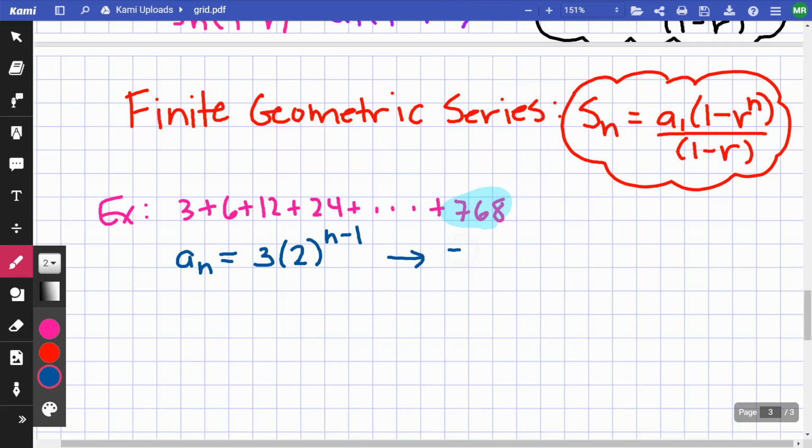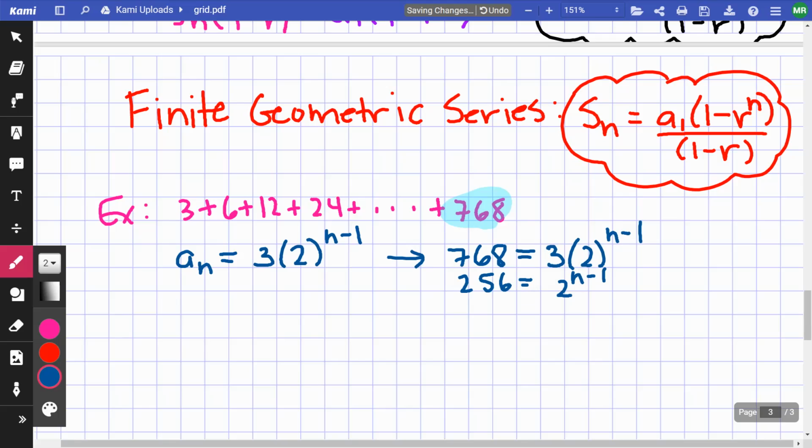So if I want to figure out what term 768 is, that's going to go in for my a sub n, is equal to 3 times 2 to the n minus 1. I need to solve this. I'm going to divide both sides by 3. And when I do, I get 256 is equal to 2 raised to the n minus 1.